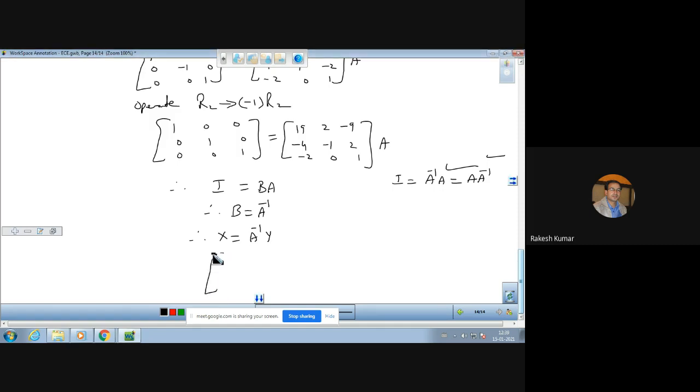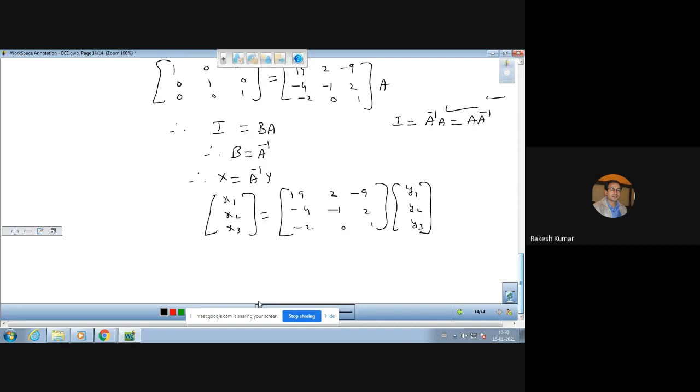The X matrix is x1, x2, x3. This is a column matrix. A inverse is this matrix: 19, 2, minus 9, minus 4, minus 1, 2, minus 2, 0, 1. And we have y1, y2, y3 as the capital Y matrix.